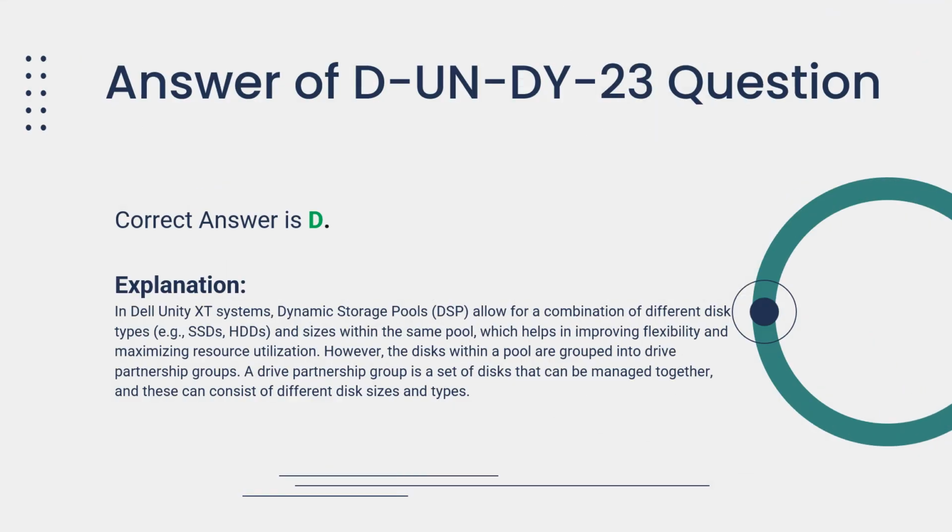Correct answer is D. Explanation. In Dell Unity XT systems, dynamic storage pools, DSP, allow for a combination of different disk types, e.g., SSDs, HDDs, and sizes within the same pool, which helps in improving flexibility and maximizing resource utilization.